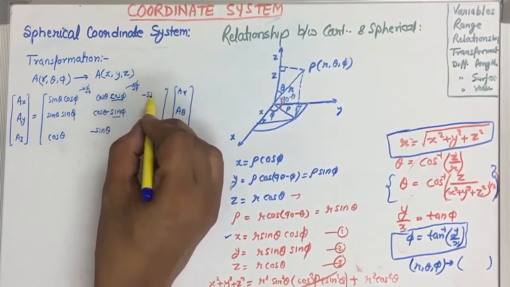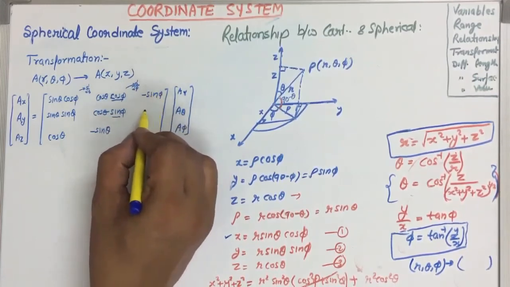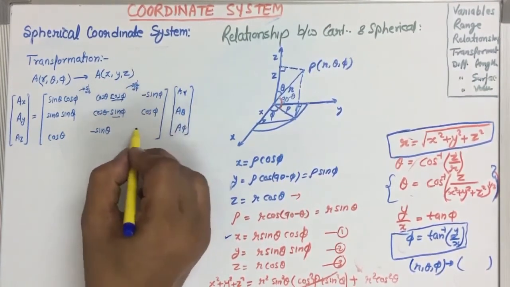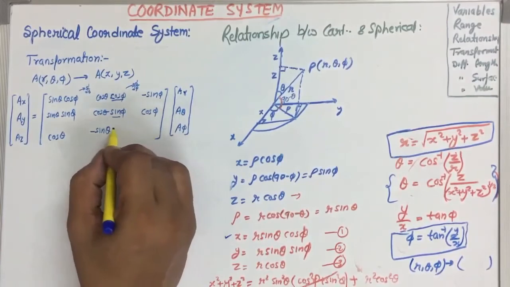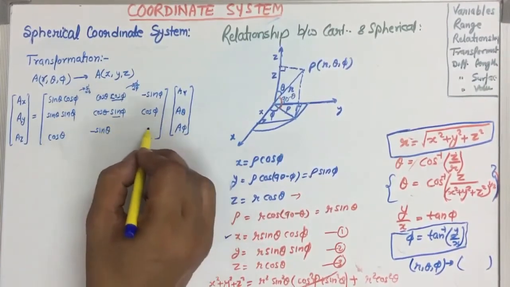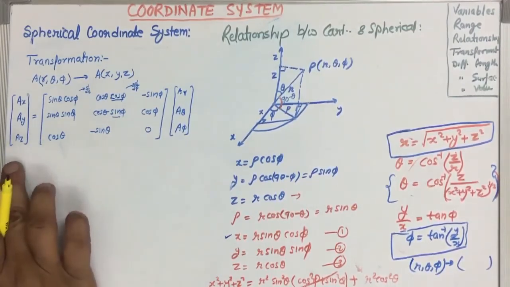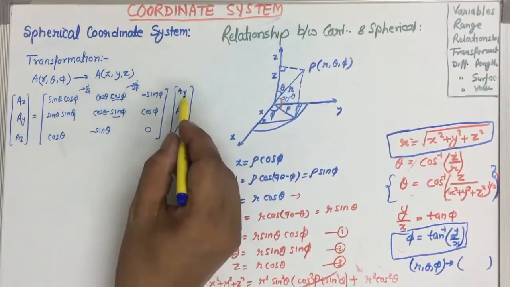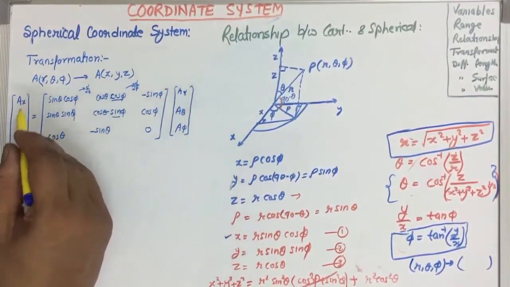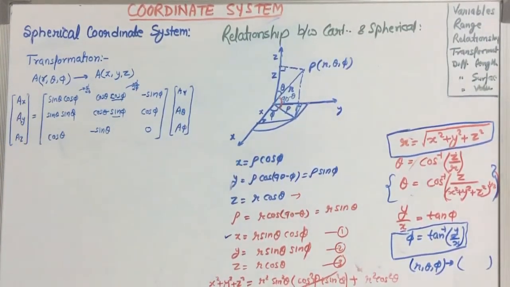So it will be minus sin phi, cos phi, and there is no phi term in the remaining one, so it is constant and the differentiation of that will be 0. So in this way we can transform from spherical coordinate to Cartesian coordinate system.